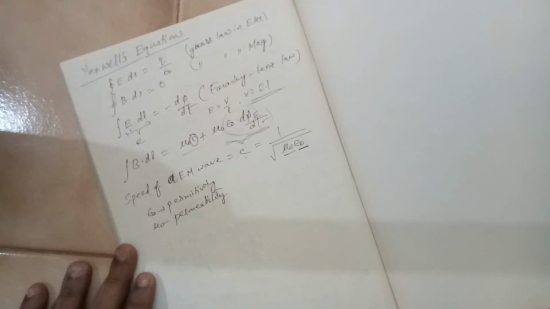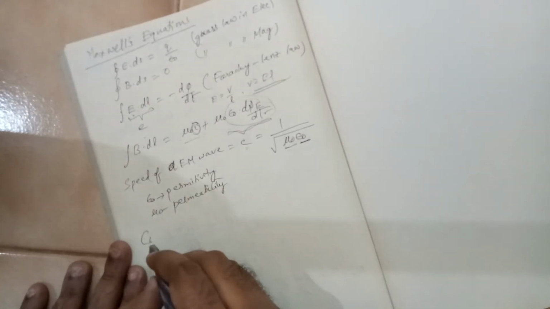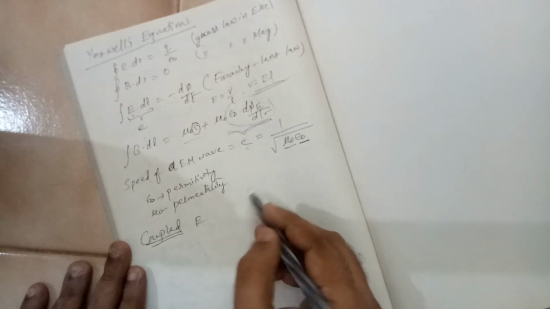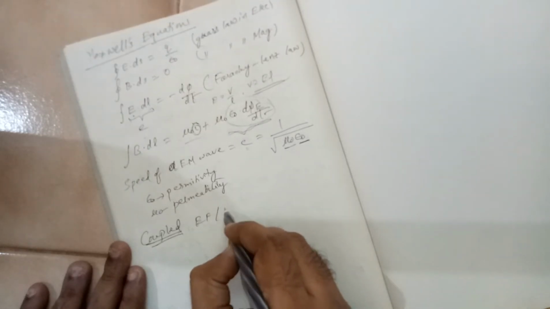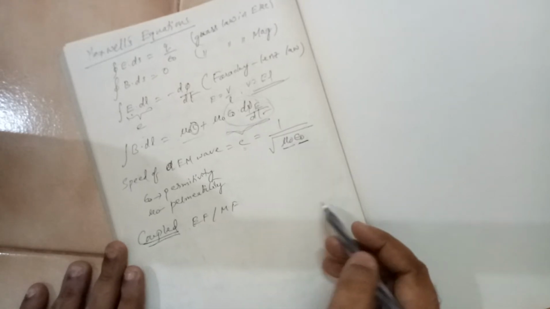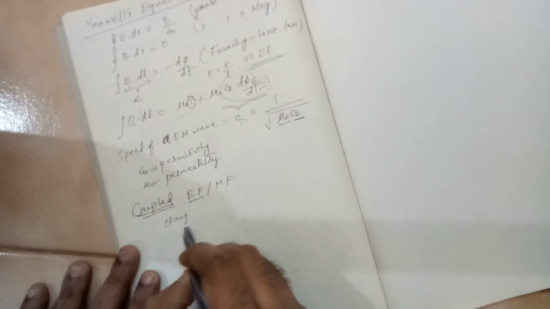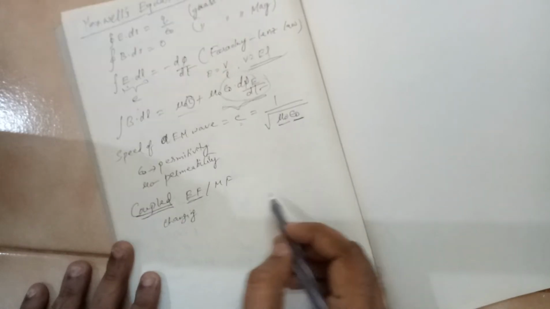And so electromagnetic waves are basically coupled waves, coupled electric field and magnetic field. We have seen that changing means changing with respect to time.